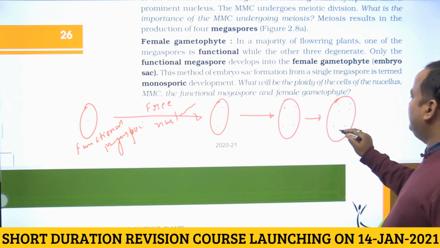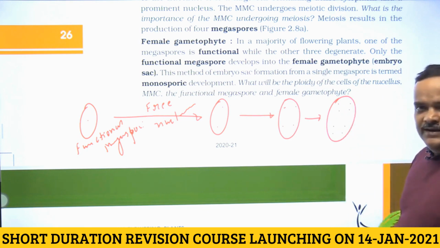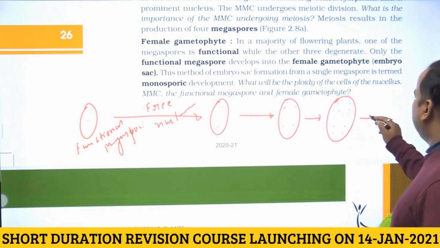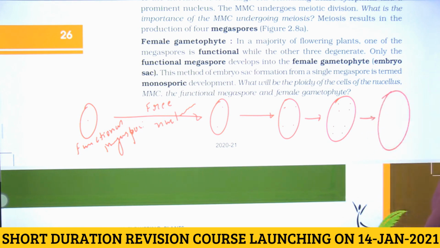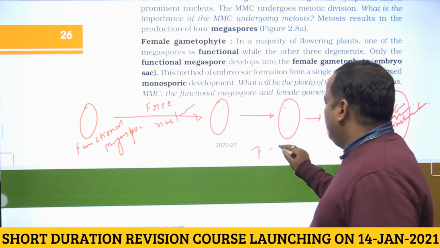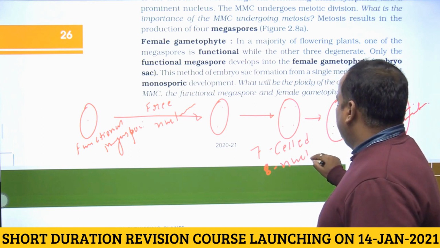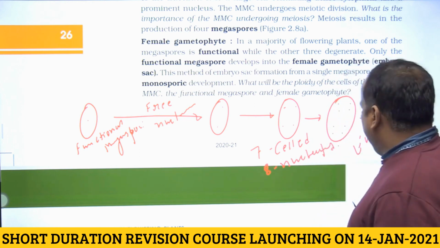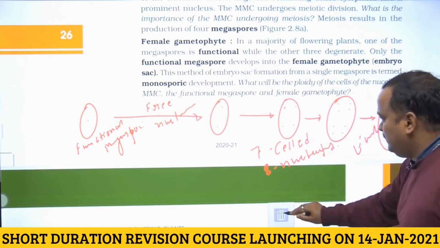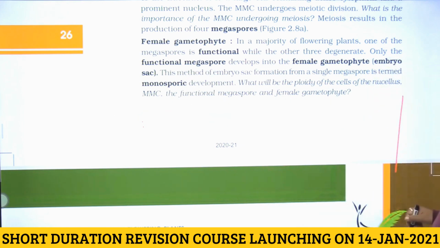That results in the formation of an 8-nucleated structure, and this will organize itself to form a 7-celled, 8-nucleated structure known as the embryo sac. 7-celled, 8-nucleated, a very important question has been asked. So we'll see through this diagram.